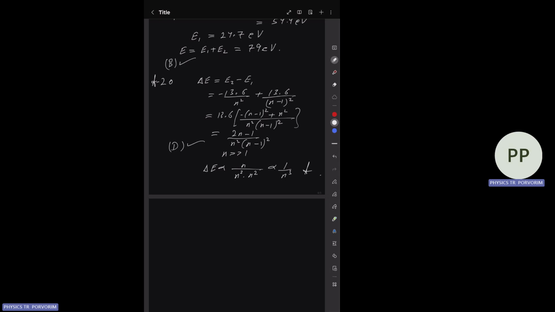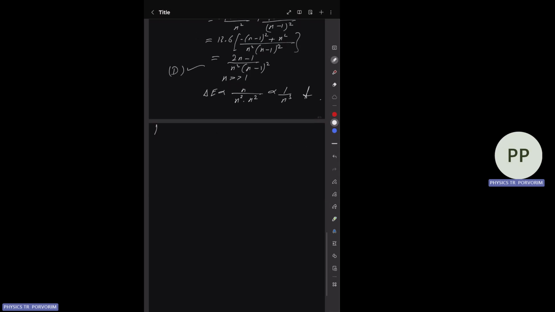Now let's move to the numerical value type questions. Question 21. It says the area of the electron orbit for the ground state of a hydrogen atom is A. If the area of the electron orbit corresponding to the first excited state is x times A, find the value of x. We know the area is pi r square, and r is proportional to n square, so area is proportional to n to the power 4.